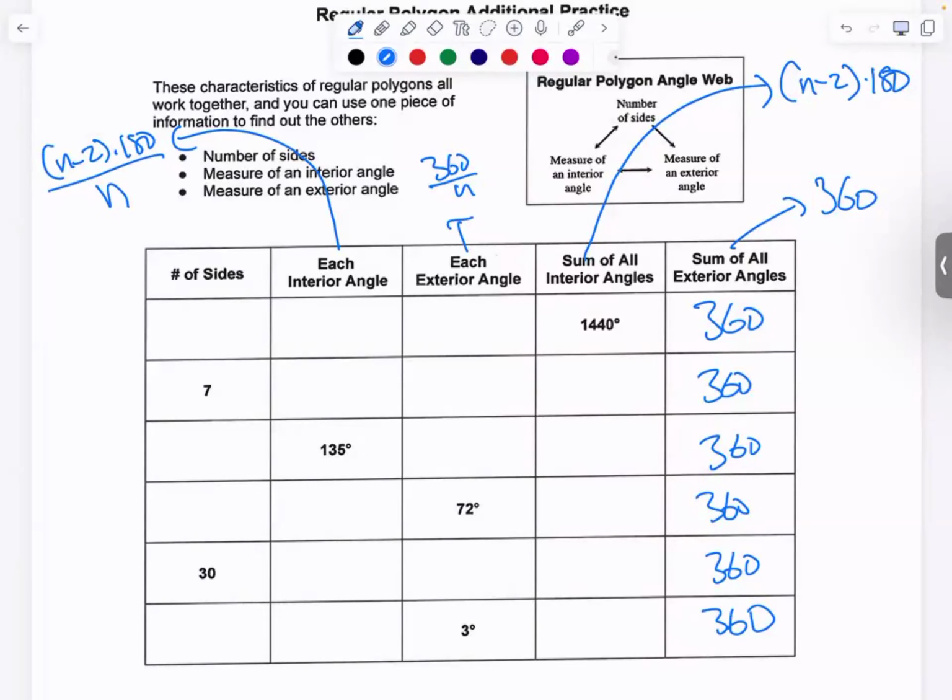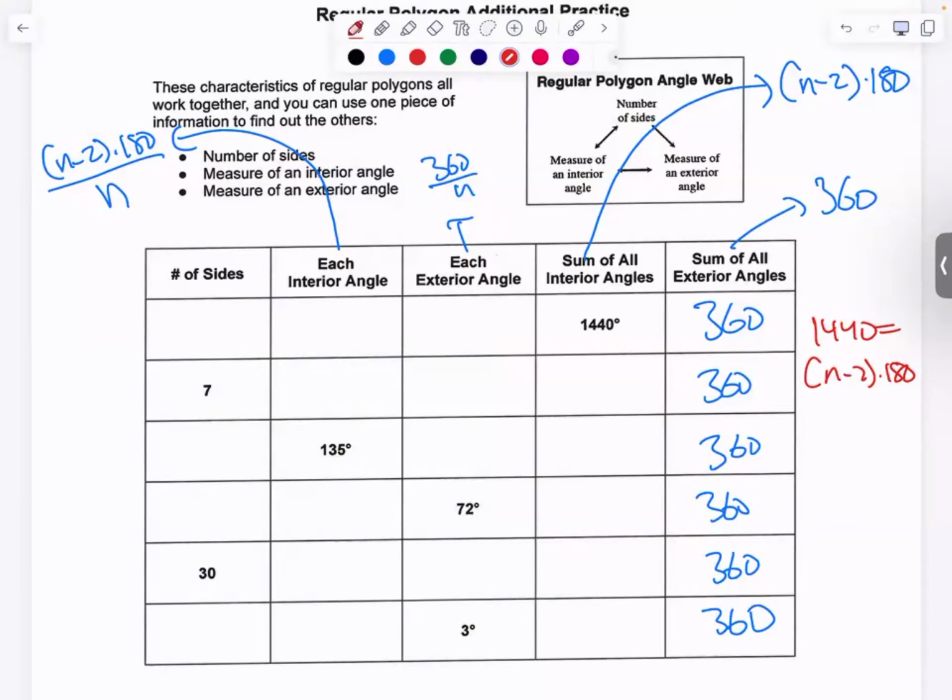Okay, so 1440 is the sum of the interior angles. So therefore, 1440 equals n minus 2 times 180, right? Does that make sense? Because I'm just using the formula. How would I solve for n? Algebraically, what do I need to do to solve for n? And then add 2. Yep.